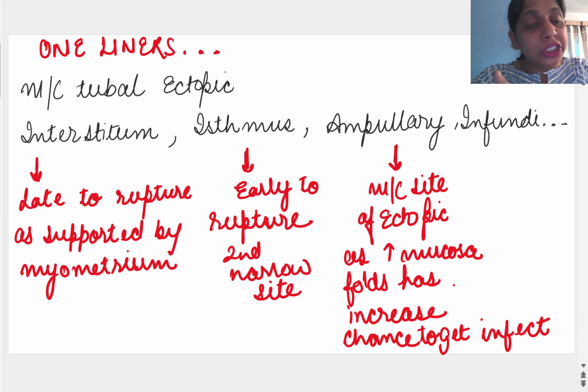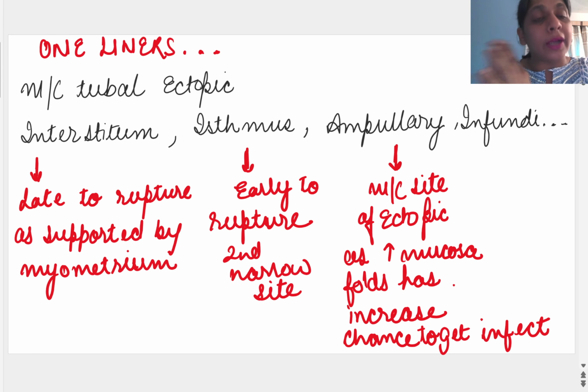In interstitium, if ectopic pregnancy occurs, it ruptures very late because interstitium is supported by myometrium. And if the ectopic pregnancy occurs in isthmus, it ruptures earliest because this is the second narrowest part.